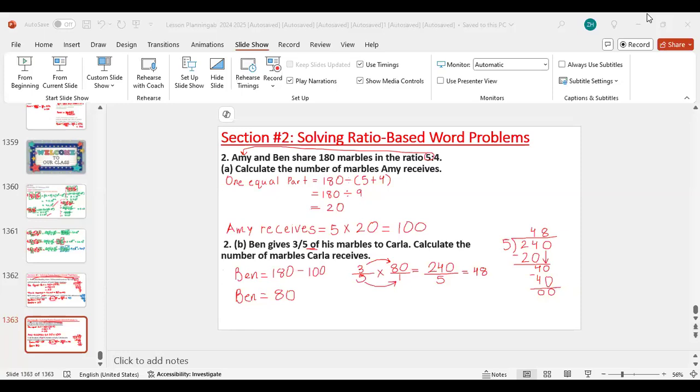No, take 320 and divide it by 8. That should give you 40. And then you're going to take 40 and multiply it by 3. Look at the notes.